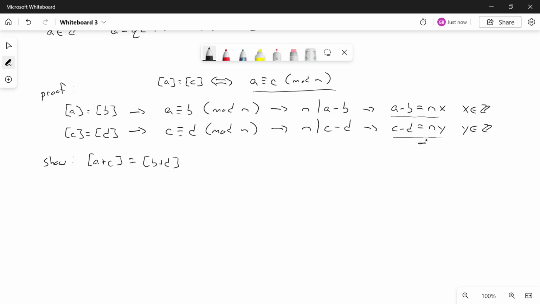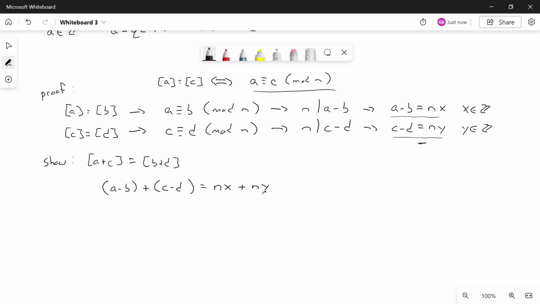So if I add these two things together, what am I going to get? On my left-hand side, I'm going to get A minus B plus C minus D is equal to nx plus ny. Now I'm just going to rearrange my left-hand side. I'm going to group the positive things together and the negative things together.